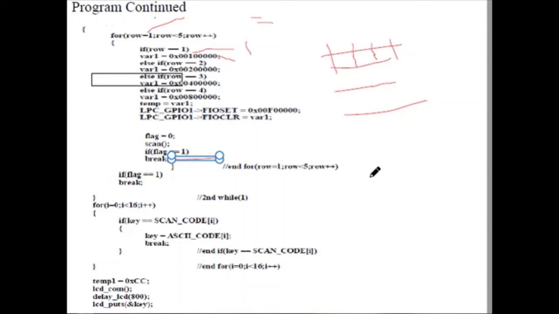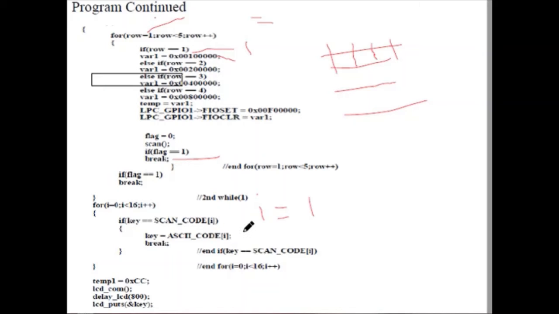Now which key has to be displayed? Totally we have 16 keys, so 0 to 16 we have taken in the for loop. How will it be taken? If key equals scan code of I, and if I is equal to 1, it means key 1 is pressed. If it is 1, yes. Whether it is less than 16, yes, increment it.